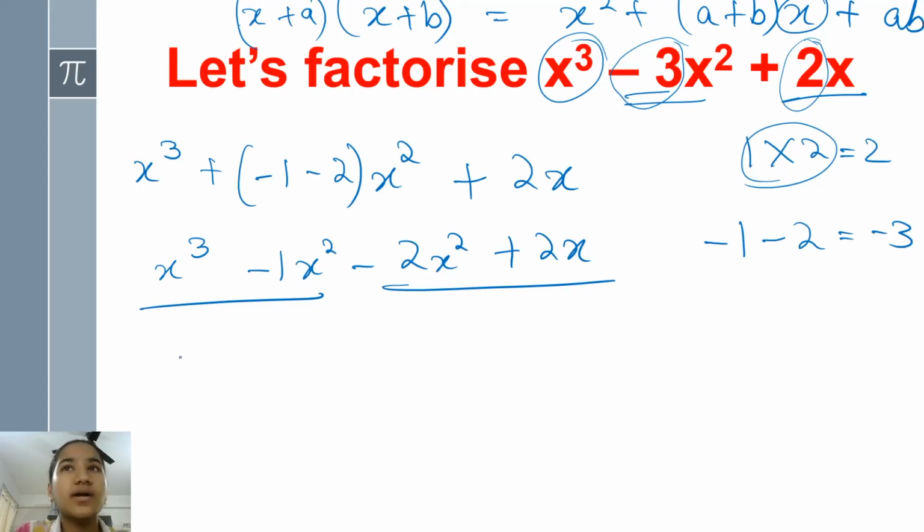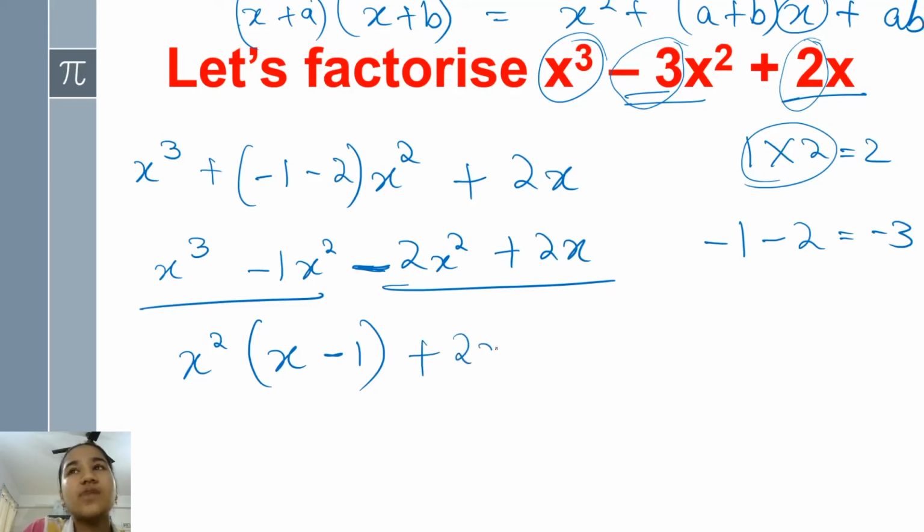It's x square, right? So we can take x square outside. So x minus 1. Okay, and over here, what is the common factor? Minus 2x square plus 2x. I think it's plus 2x, right? So we can take plus 2x outside. What will be remaining inside?